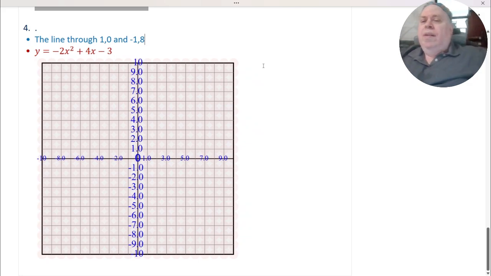Okay, so this question 4 is find the intersection between this line and this quadratic. Now, we already probably saw this in a quiz, but it won't hurt to go over it again.